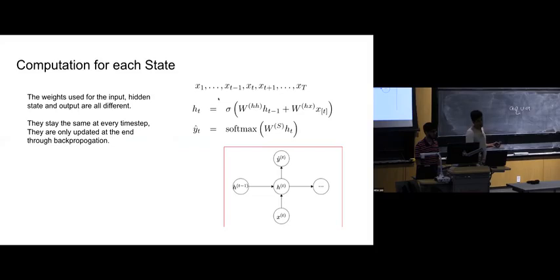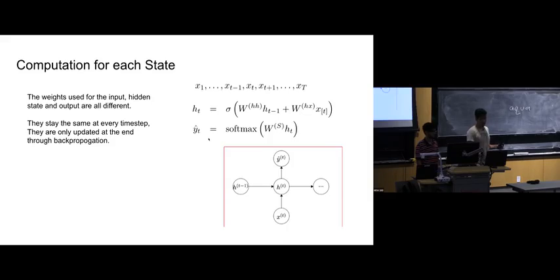And now if we look at this, if we have an input X that goes from 1 to a time step T, each hidden layer would have an activation function, and the value that feeds into the activation function would be the weight matrix times the output of the previous layer, plus a different weight matrix multiplied by the input at the time step T. So keep in mind, WHH and WHX are a different set of weights.